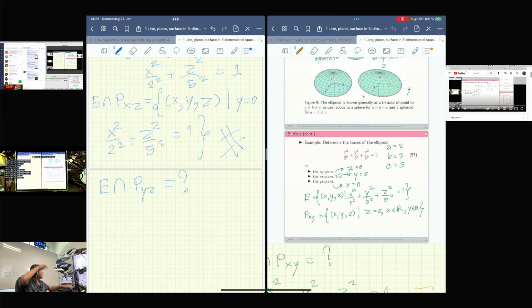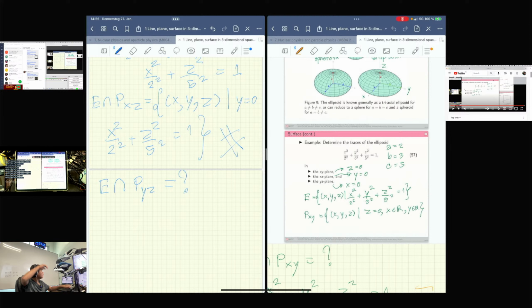So anyone could do that, right? It's not too difficult. Okay, and then we move to the next thing. Once we have solved 3 questions, this is the shape of the ellipsoid, and here are the results. They are all ellipses.